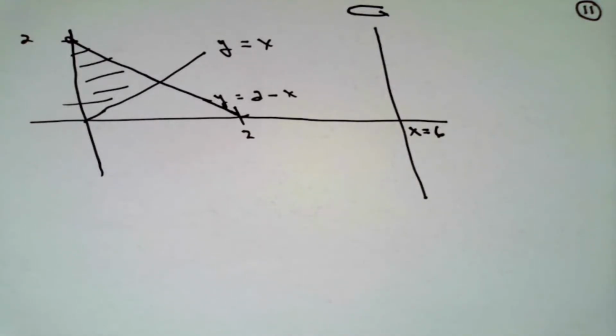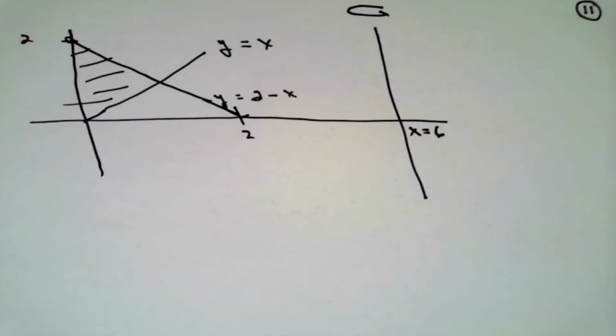If I do the shell method, though, it's not so bad. I have to think, am I going to revolve vertical things or horizontal things? If I revolve horizontal, I'll be in the disk washer method. Therefore, I want to revolve vertical things instead.